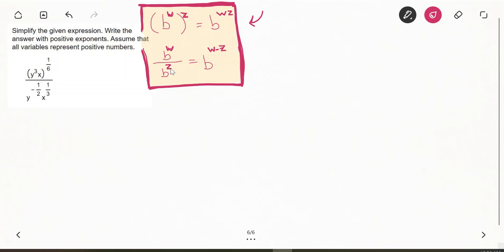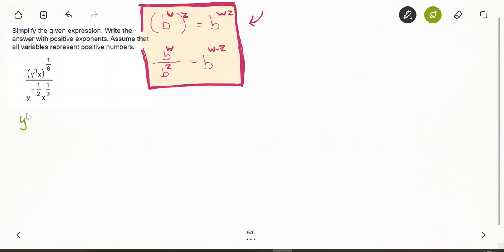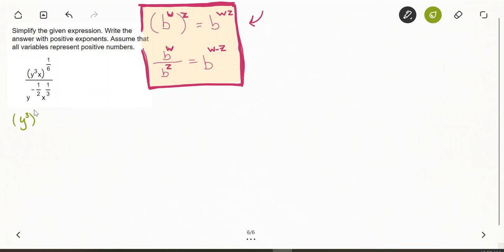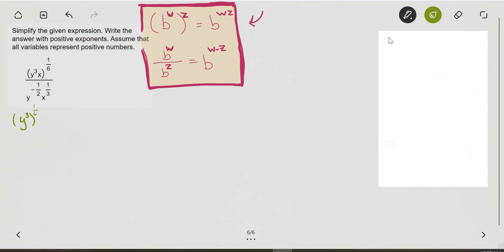So let's get started with this example. I'm going to try to do my best to keep straight the difference between what I'm doing in the numerator and what I'm doing in the denominator. But for the numerator, you could almost think of it as distribute this 1/6. Because we have y cubed to the 1/6 times x to the 1/6.